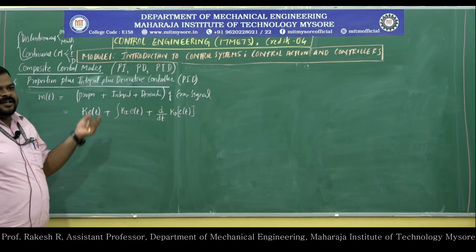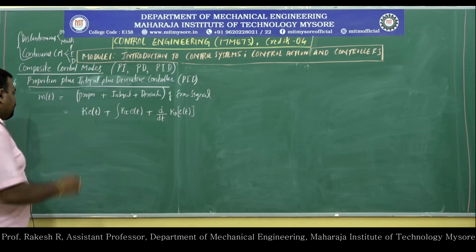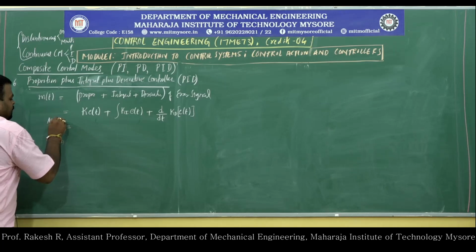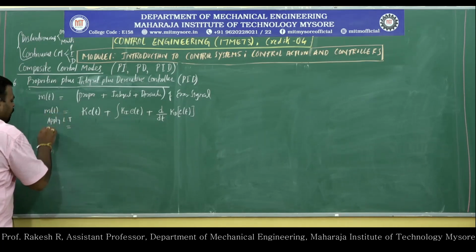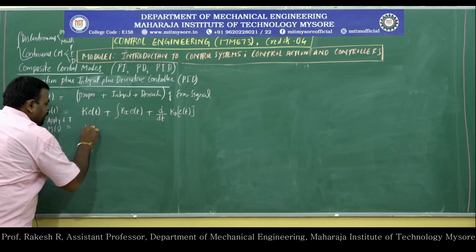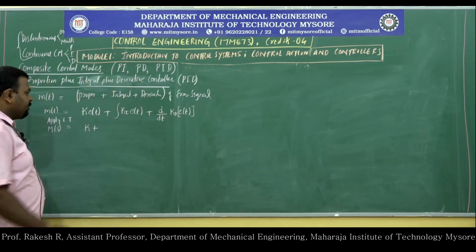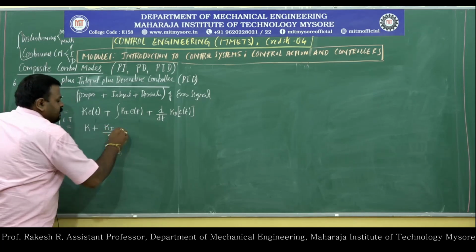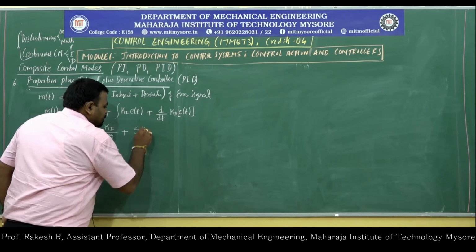Again, we need to convert the time domain into the s domain, frequency domain. So, I will apply Laplace transformation. If I apply Laplace transformation, m of t becomes m of s, Kp e of t becomes Kp into e of s, and I will take e of s common for all the terms. Whenever there is an integration, you will get divided by s. Whenever there is a derivative, you will get multiplied by s.